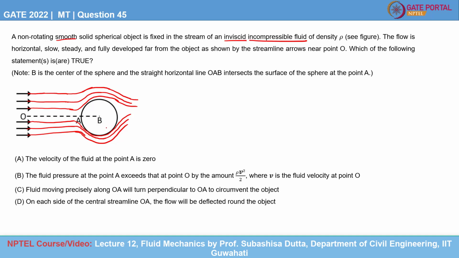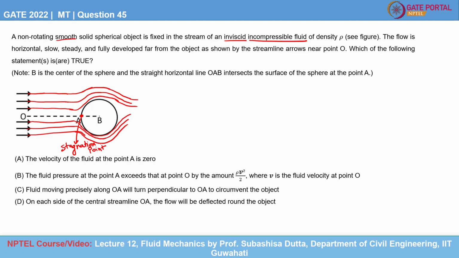Now under these conditions, on the streamline OA, the point A will represent the stagnation point. Why is it called a stagnation point? Because this is the point at which the fluid is brought to rest.